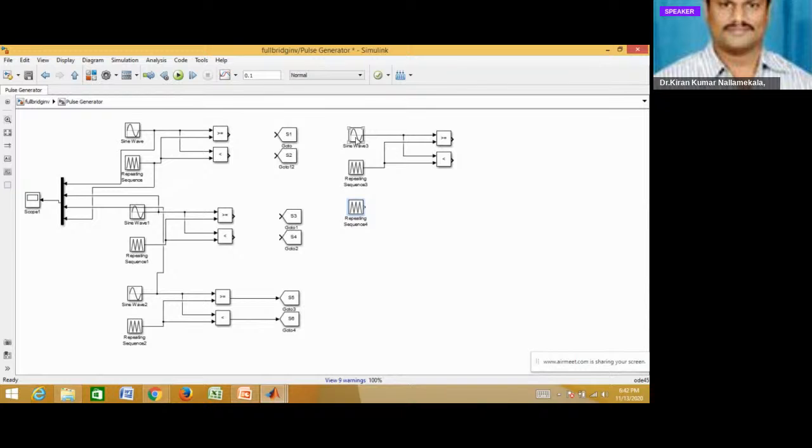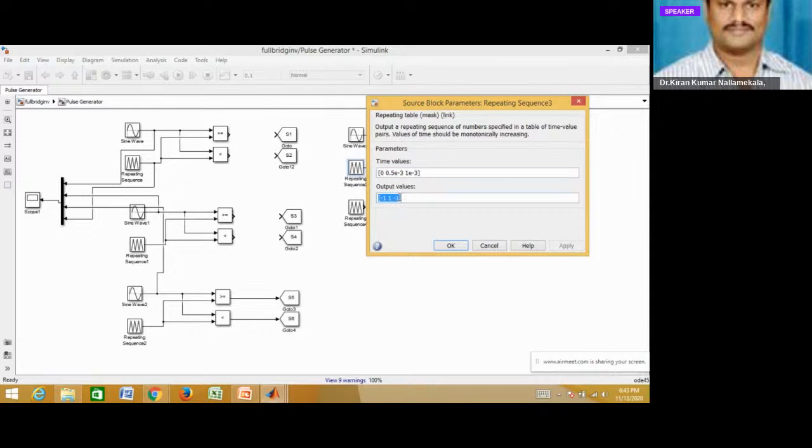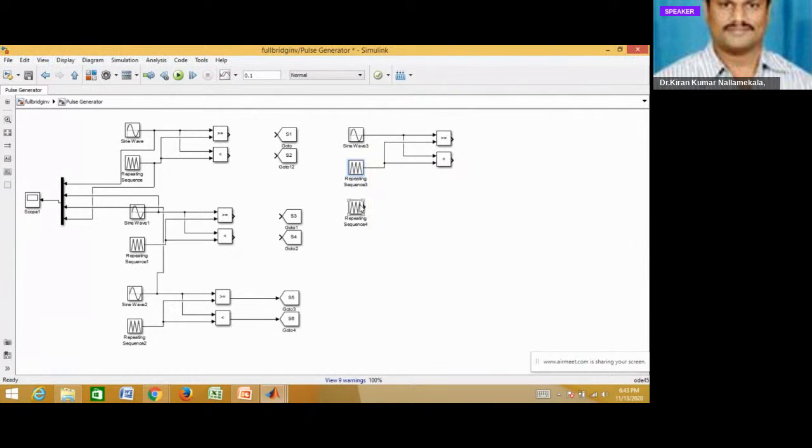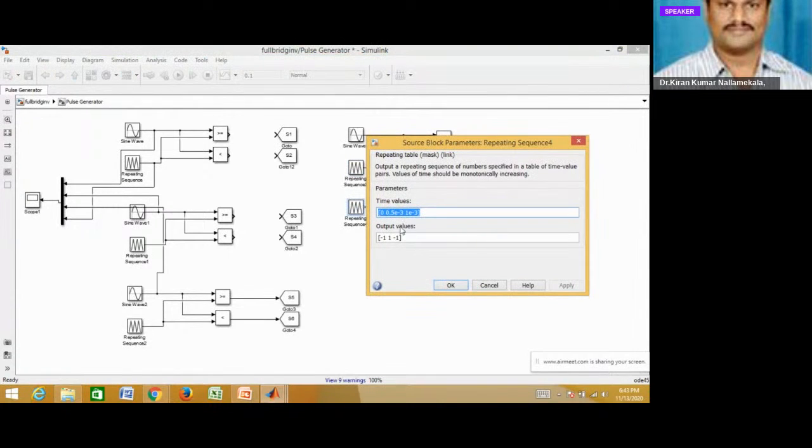The sine wave is designed for 1 to minus 1. This carrier wave is designed for 0 to 1, and this one is designed for minus 1 to 0.